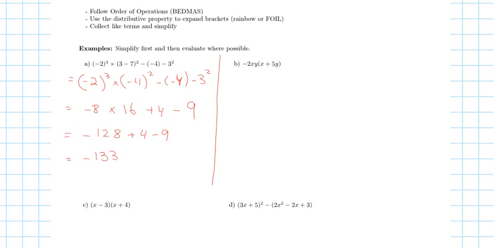Distributive property means when you have something on the outside multiplied by the bracket, that something has to be multiplied by everything inside the bracket. That's why it's called the distributive property. So I have to multiply negative 2xy by x and negative 2xy by the 5y.